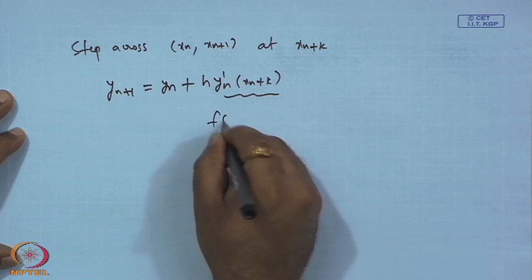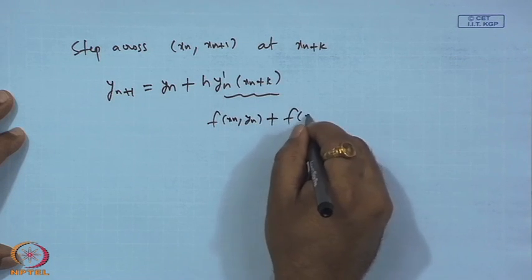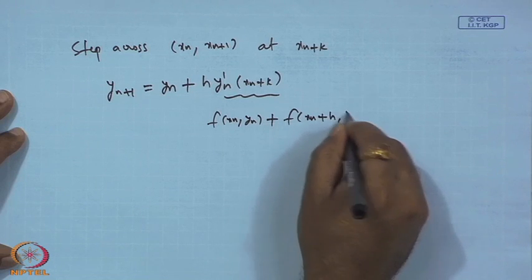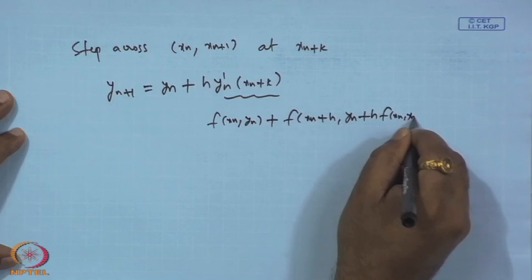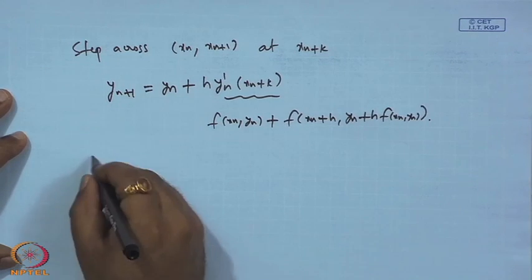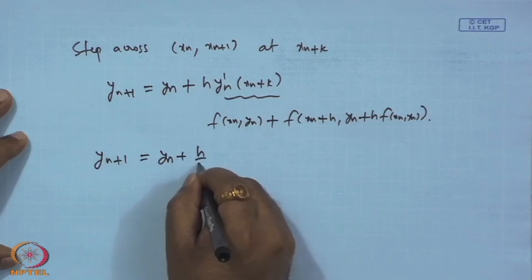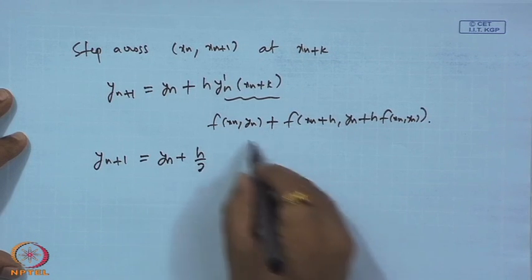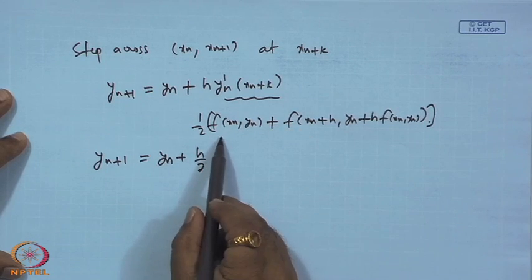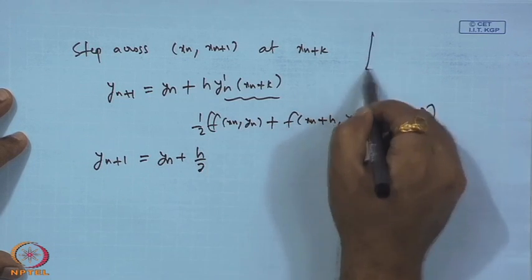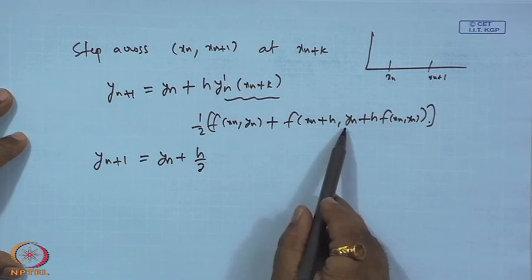Suppose somebody goes for an approximation x n plus h, so this is approximated by average at x n and at x n plus 1.